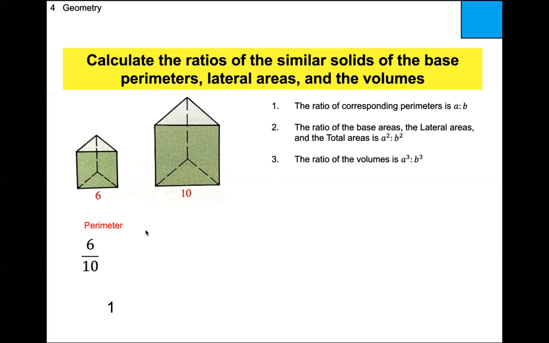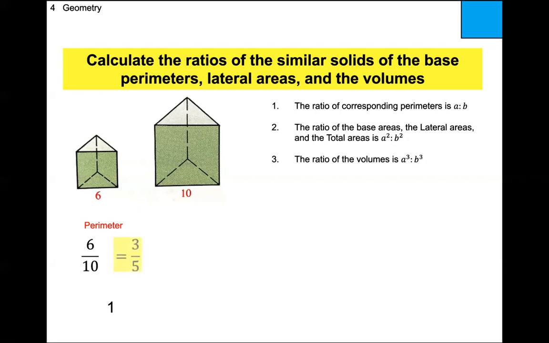We can either actually do the calculation of the perimeters, or we can follow theorem 1211. 1211 says that if you know their scale factor, then their perimeters ratio is also the scale factor. I know their scale factor, it's 6 to 10. Now that's not reduced, so we probably need to reduce that.